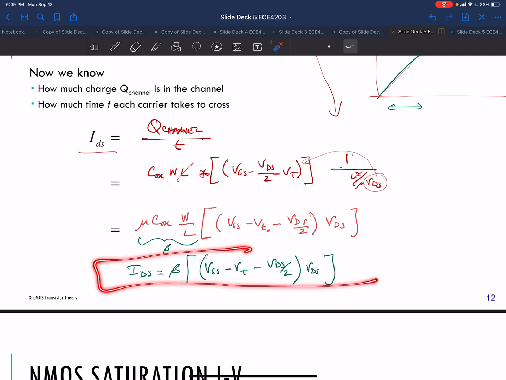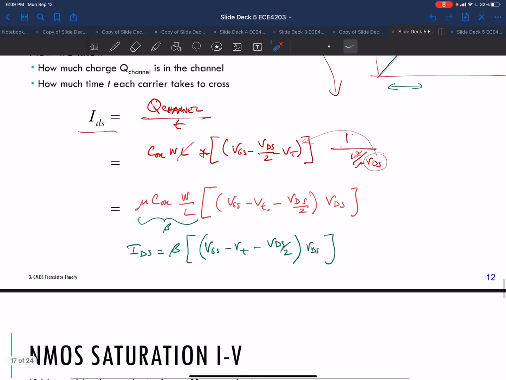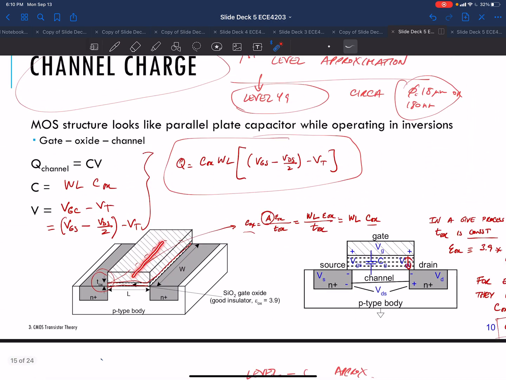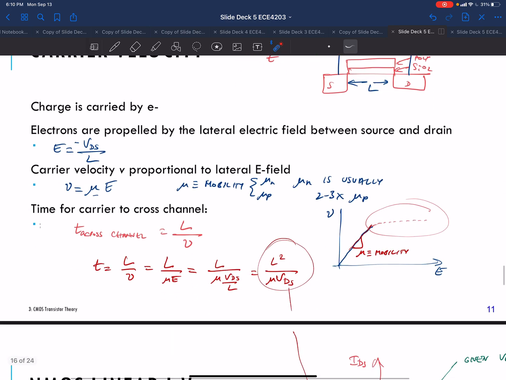Basically, that's your equation. Let's look at a couple of things here. As this width over length ratio increases, that means as you make the transistor wider and wider, so this is the width, the more current flows across, which makes sense and is linearly dependent on that. So the wider this gets, the more current you can get across.